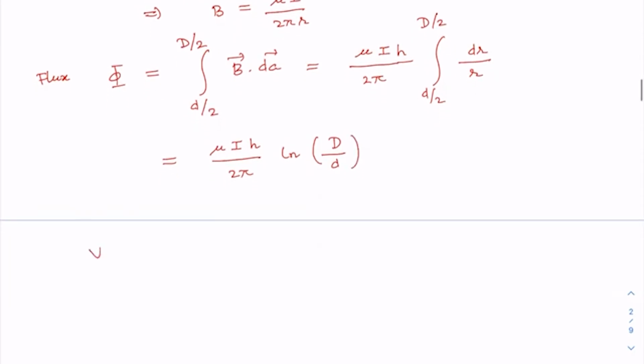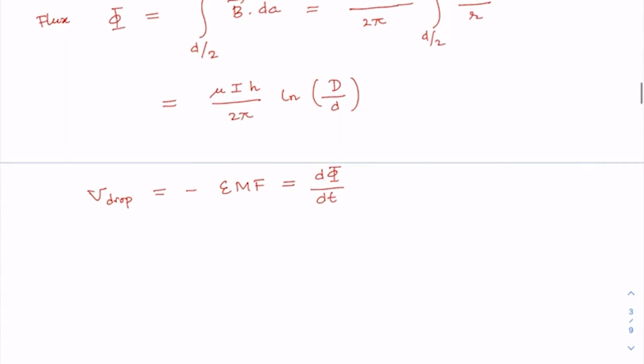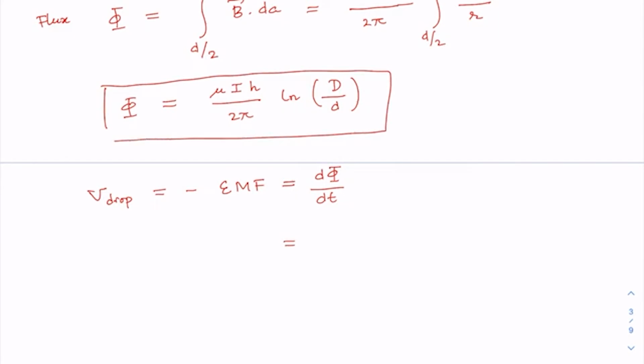Now what is the voltage drop? Voltage drop is actually the EMF, which is equal to minus d phi dt. So if I know the expression of phi here, let me utilize it, and I will get mu h by 2 pi logarithm of capital D by small d and di dt.